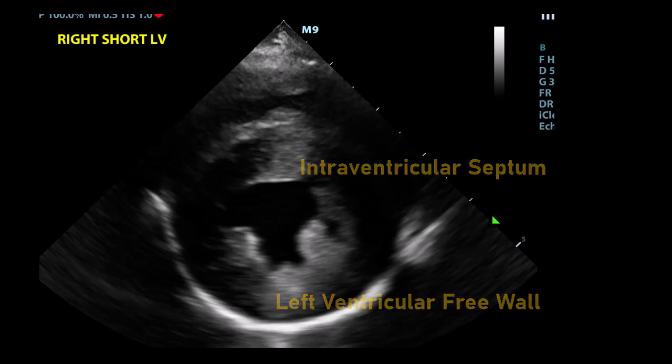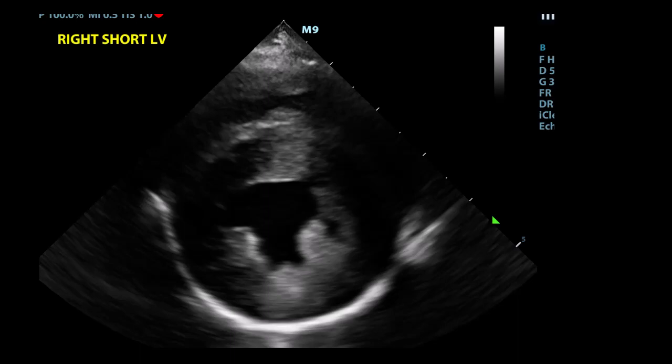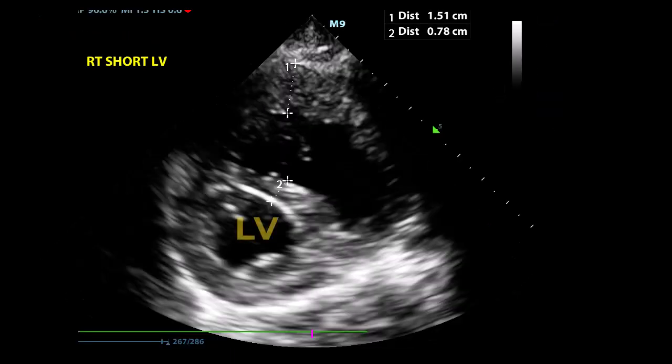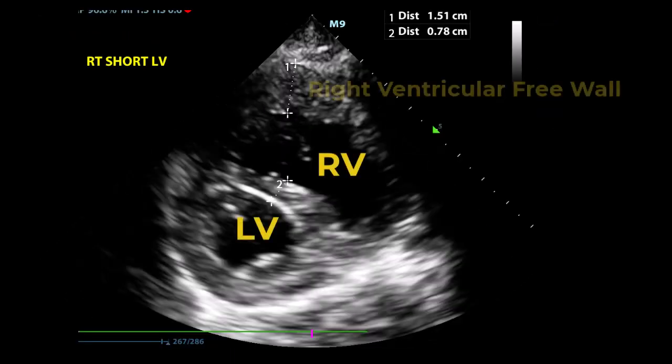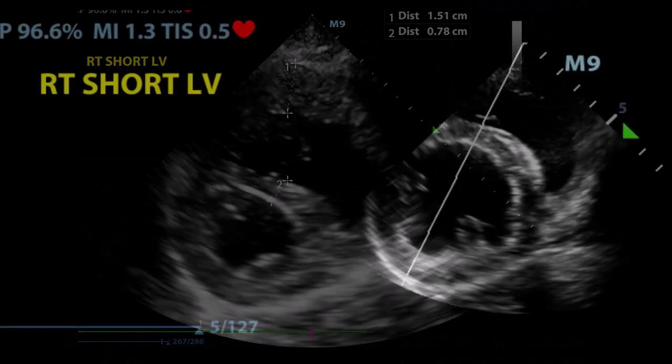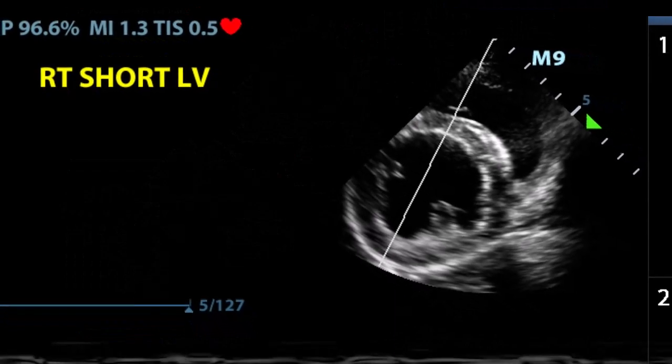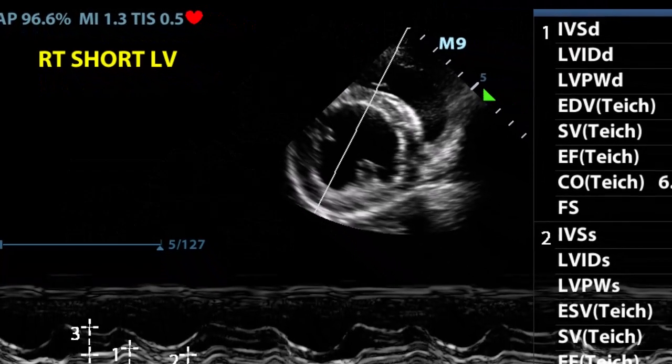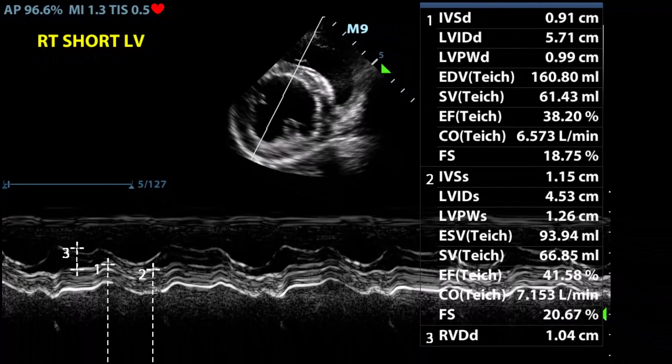Sometimes it is obvious that the right ventricular chamber is larger than normal and the right ventricular free wall is thicker than normal. At other times, we must depend on the standard measurements from an M-mode view to determine chamber size or muscle thickening or thinning.